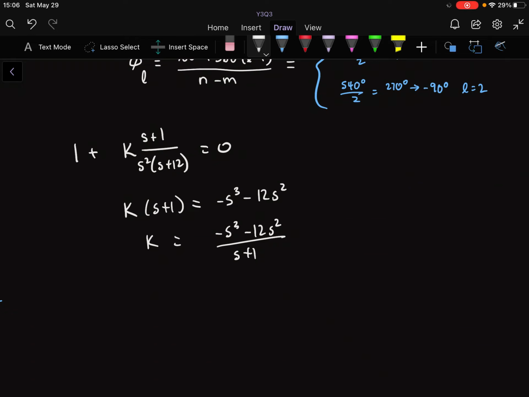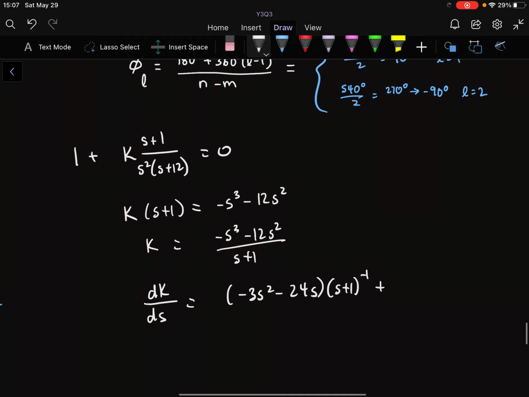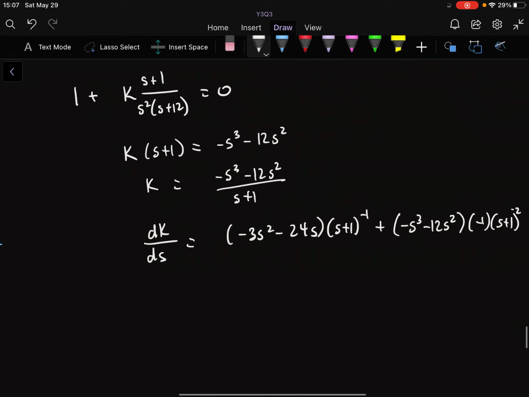You get that, and then you take the derivative of k with respect to s, and you will get, okay, some more product rules, plus s to the third minus 12s squared, times negative 1 s plus 1 to the negative 2.